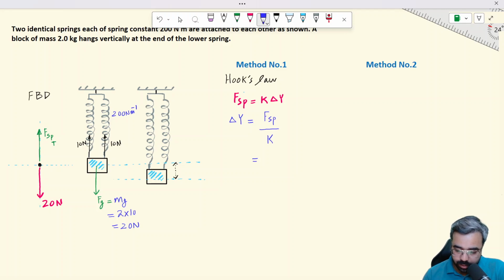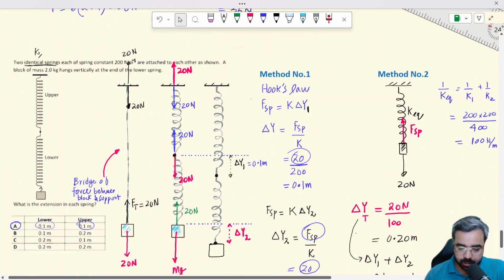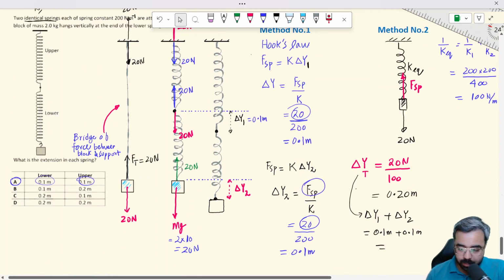The spring force is, by the way, not 20 but 10 Newton, as I told you, divided by the spring constant of 200 Newton per meter. So the answer will be 0.05 meter.